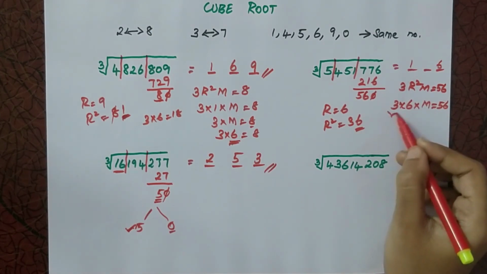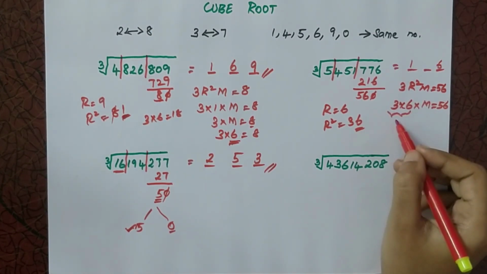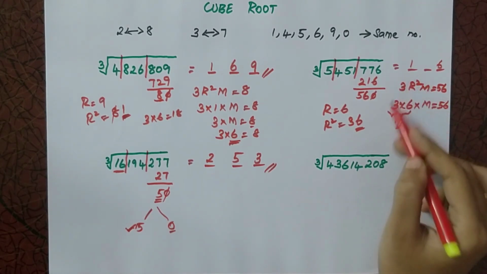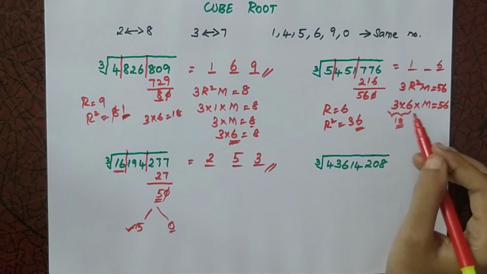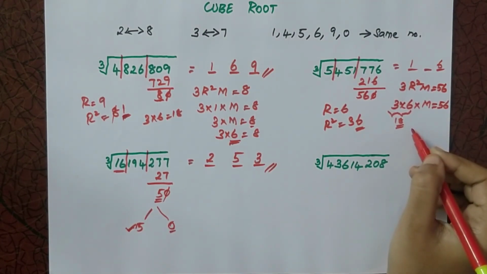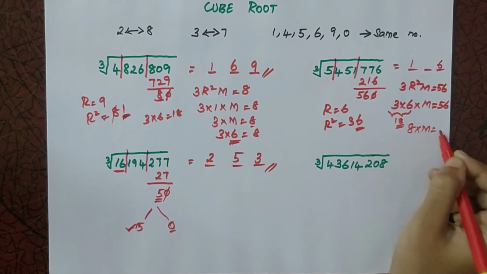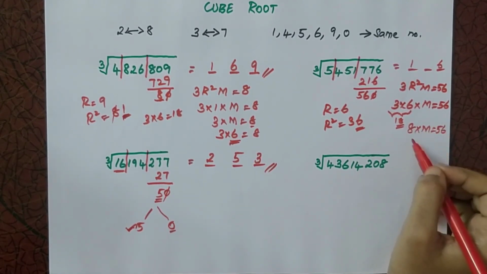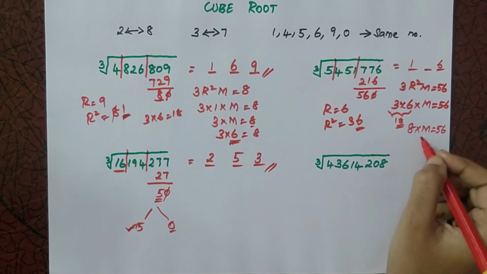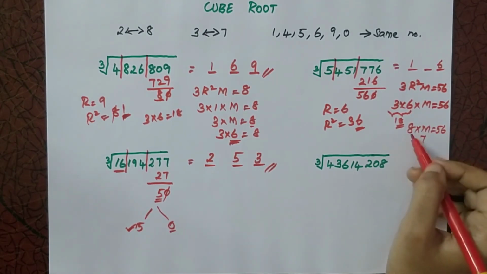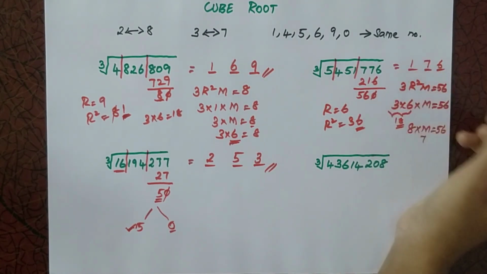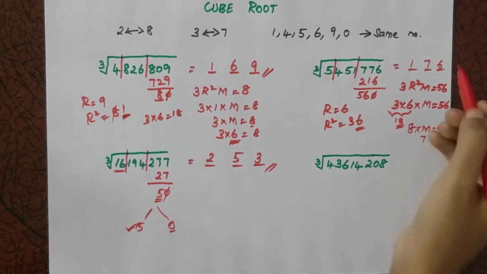Now 3 into 6 you will get 18, but we have to consider only the last digit. In this formula, wherever you get the answer, you have to consider only the last digit. So you will get 8. 8 into m equals 56. By multiplying which number with 8 will you get 56? By multiplying 7, you will get 56 because 8 sevens are 56. So your answer here is 7. So m equals 7.